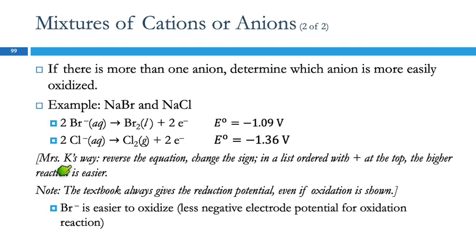What makes more sense to me is if we're going to reverse the equation, then we're going to change the sign. And so the one with the more positive voltage is going to be easier. And so here, bromide would oxidize rather than chloride if we had sodium bromide and sodium chloride. Again, could show up on a homework question, not going to be on an exam.